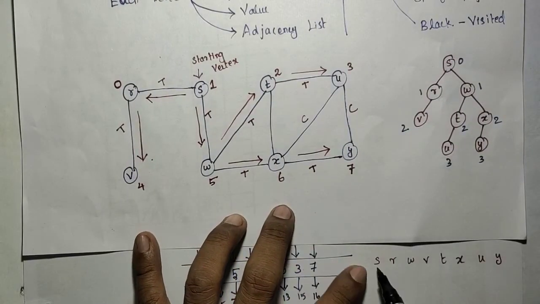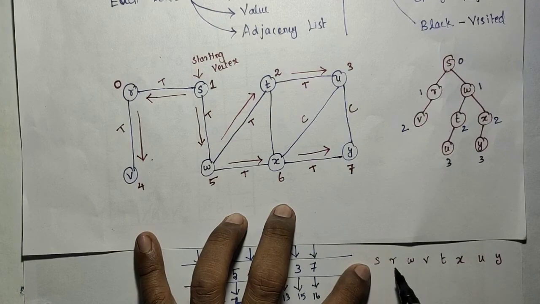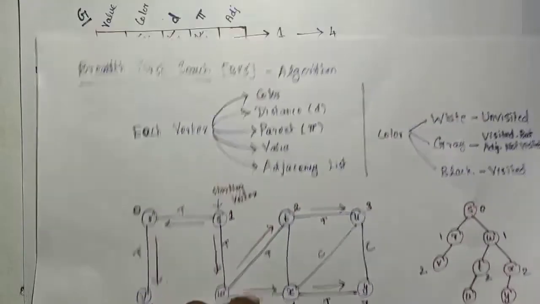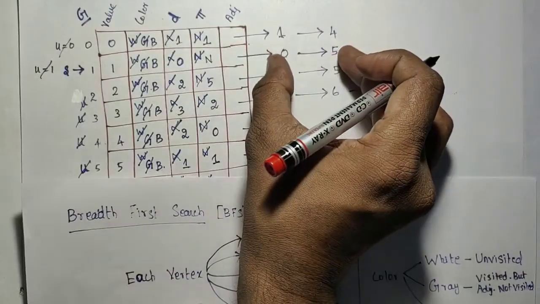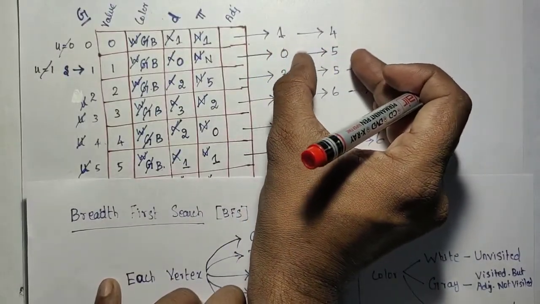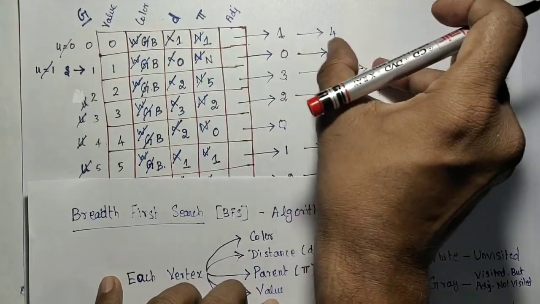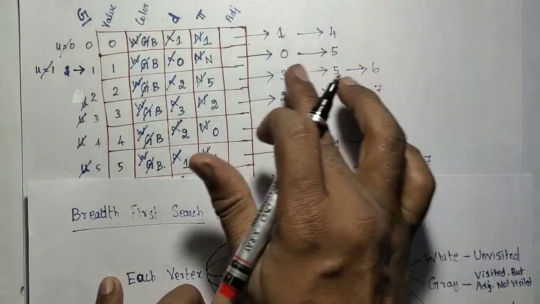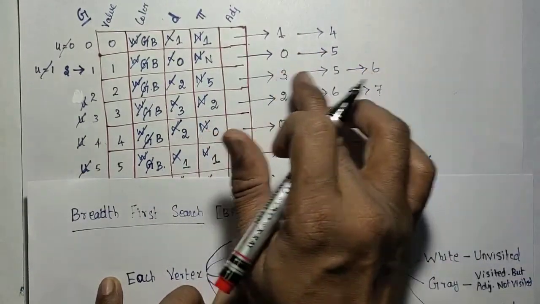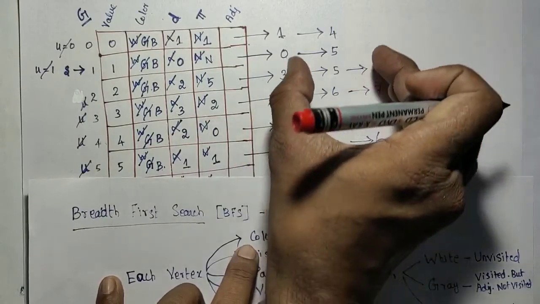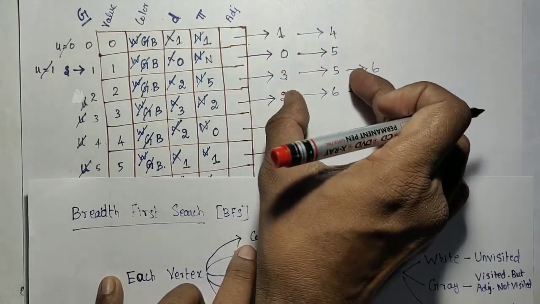If you obtain SWR or SRW, both are correct answers. Don't worry about it. It depends on how you store the input, whether you store 50 or 05, similarly 653 or 356 or 536. It depends on how you store the adjacent nodes.